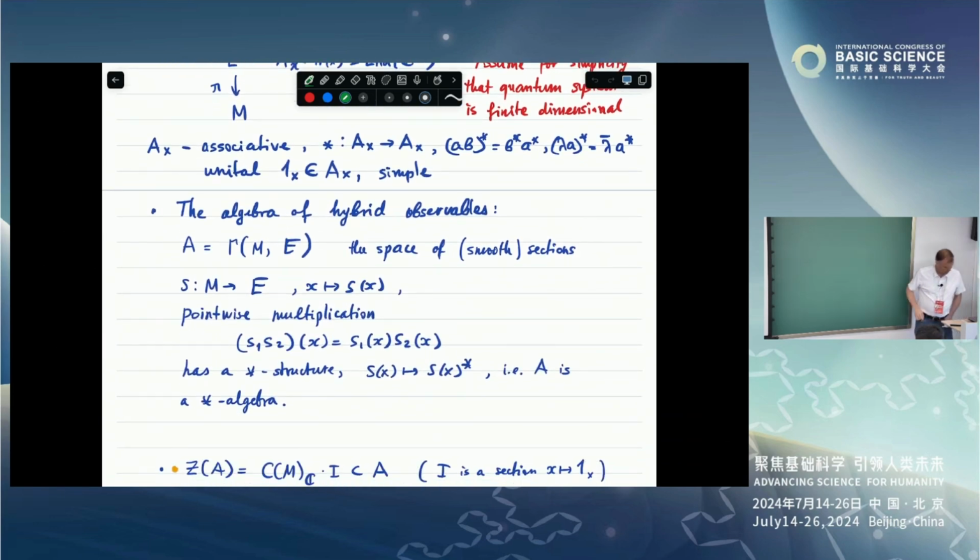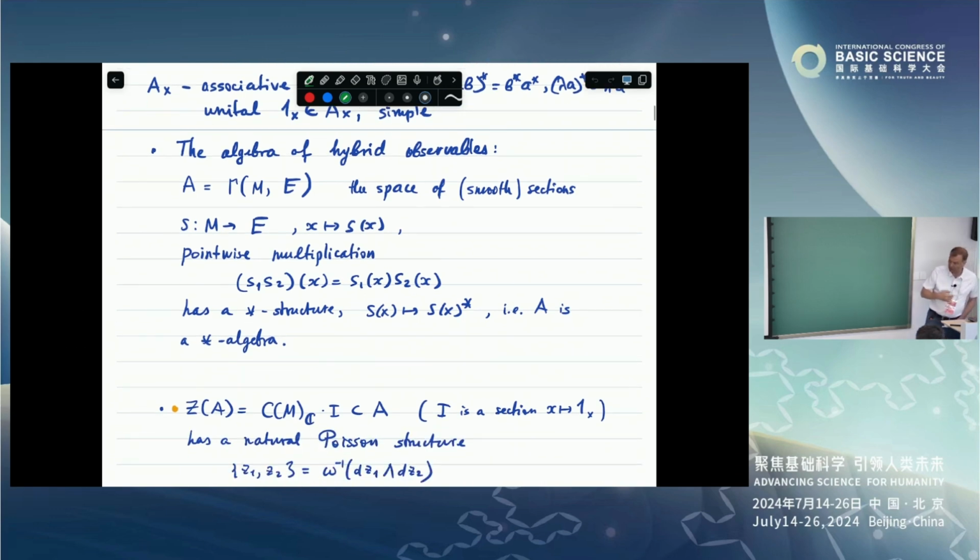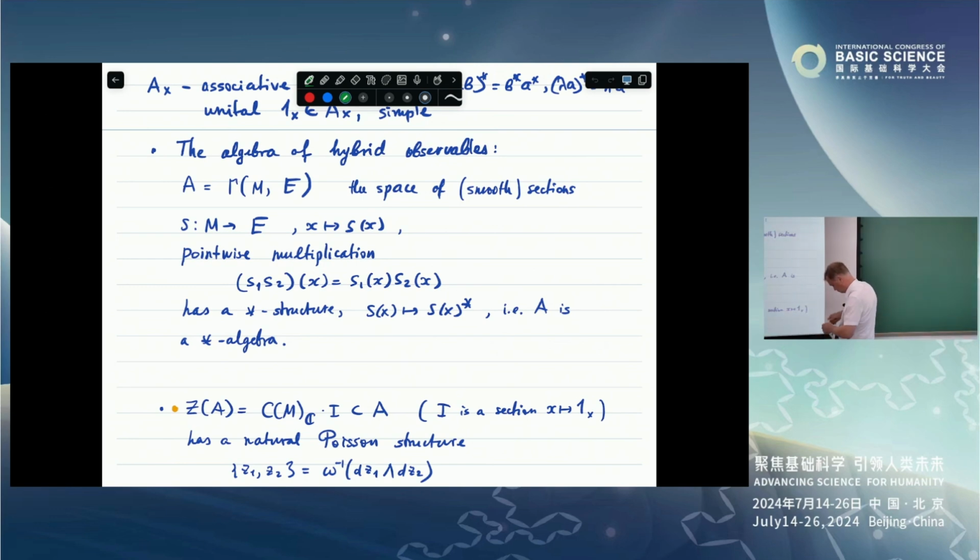Then the algebra of hybrid quantum observables is the algebra of, let's say, smooth sections of this bundle of algebras.